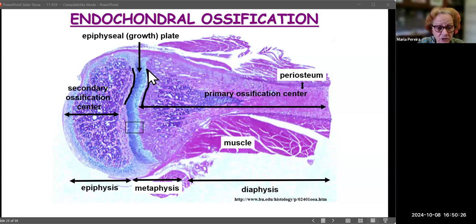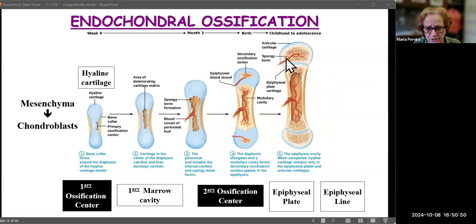And if you damage this epiphyseal plate, you prevent growth. So is the epiphyseal plate found only on the proximal epiphysis? No, it's found in both epiphyses, the proximal and the distal. Here I'm just showing half of it, but this happens here and here. I'm just showing this area.